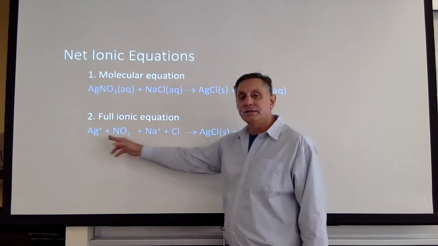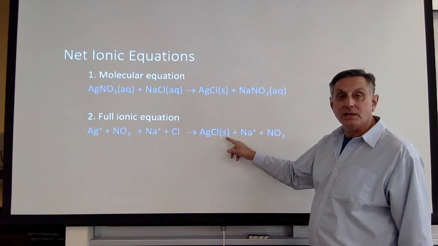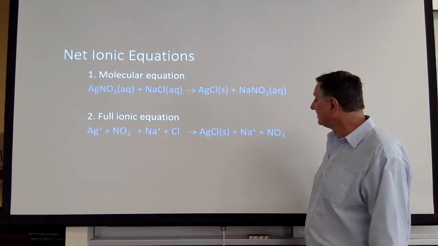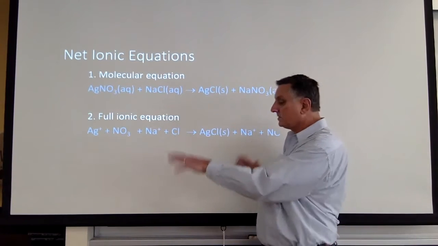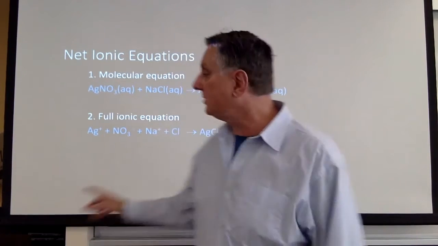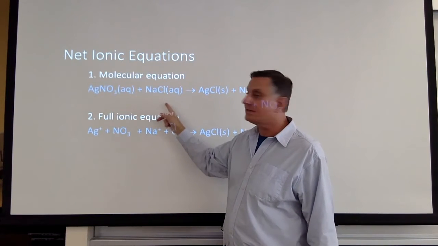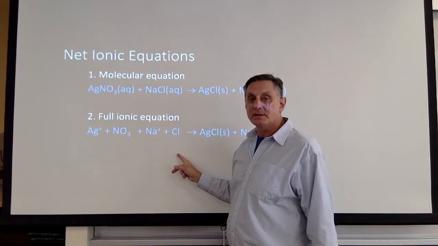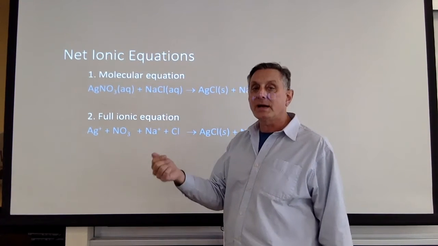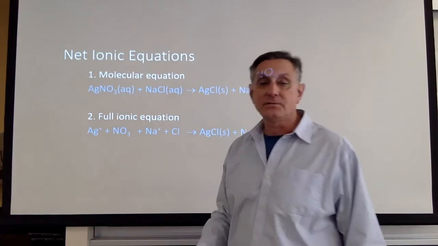Notice I did not write aq by any of these ions. But for AgCl, I wrote solid because that indicates its state of matter. Everything that's aq, you simply spread out into its ions. By the way, be careful if you have something like CaCl2, that would be Ca2 plus and 2 Cl minuses. So if you've got more than one ion in a compound, that becomes the coefficient in the full ionic equation.